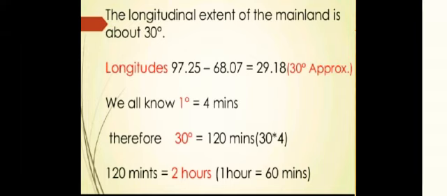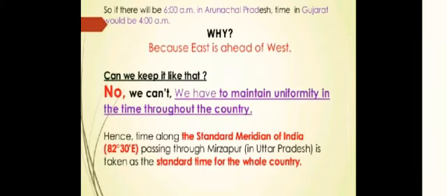And 120 minutes is equal to 2 hours, because 1 hour has 60 minutes. So if it is 6 am in Arunachal Pradesh, the time in Gujarat would be 4 am. Why? Because east is ahead of west.